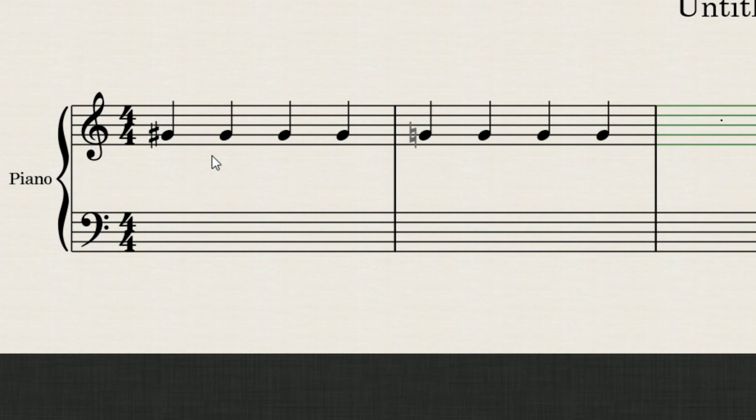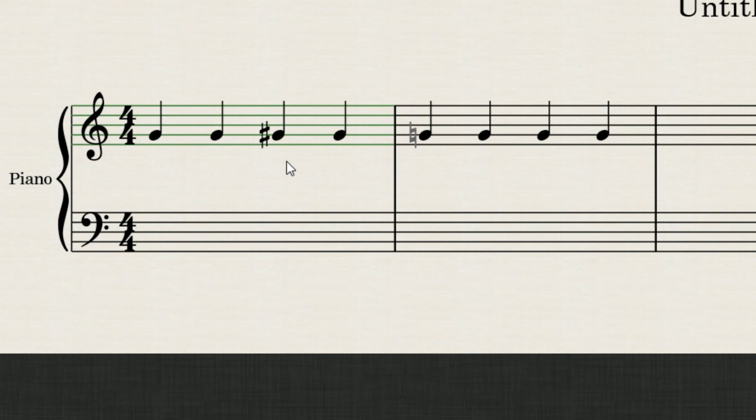No problems. Now, say you have the sharp right here. Are these first two G's? Yes. Are they G sharps? No. So once we have the G sharp, this one's G sharp, and this one's G sharp.